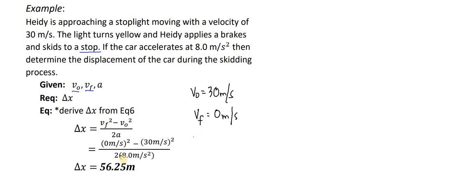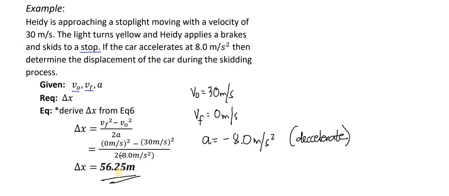Earlier it was reversed. Here, you will see that the acceleration should be negative 8.0 meters per second squared. Why negative? Because it skids to stop, therefore it will decelerate. We expect it to slow down because it is stopping. So it will be negative. With that, we get 56.25 meters as the displacement that the car takes during the skidding process. So that's it.